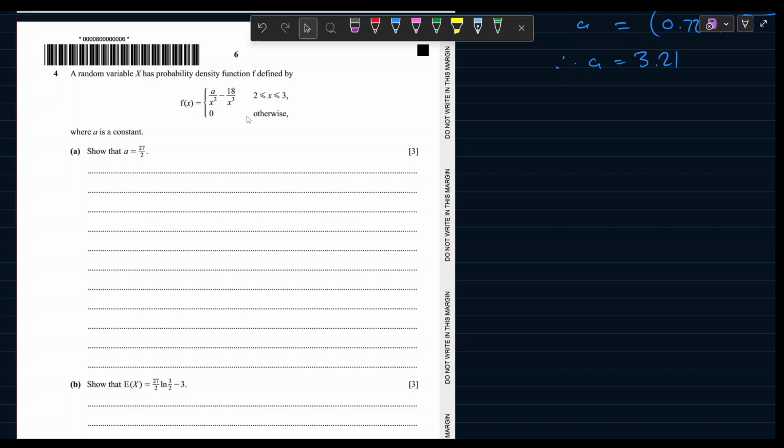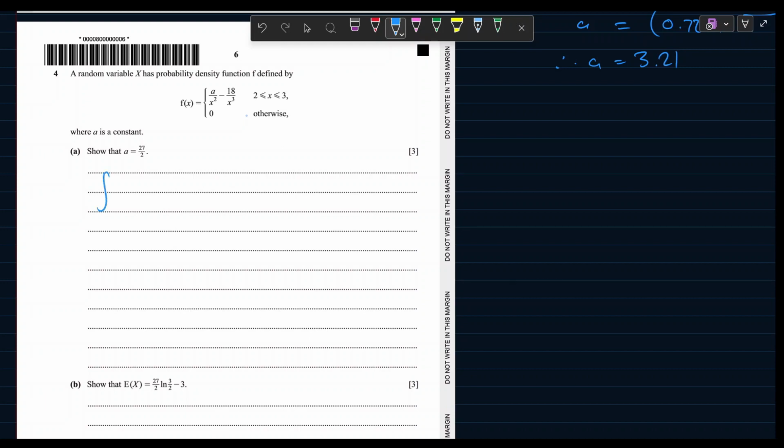a over x squared minus 18 over x cubed when x is between 2 and 3 inclusive and it is 0 otherwise. Where a is a constant, part A show that a is 27 over 2. So using one of the properties of probability density functions, we can find A. The property we want to use is that the total area under our PDF is going to be equal to 1.